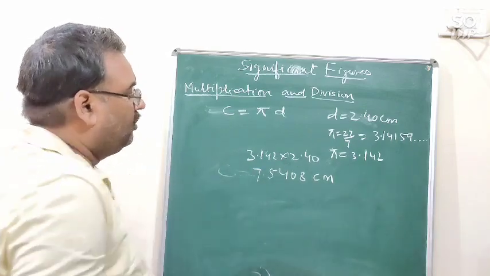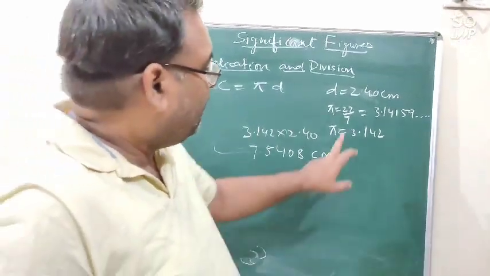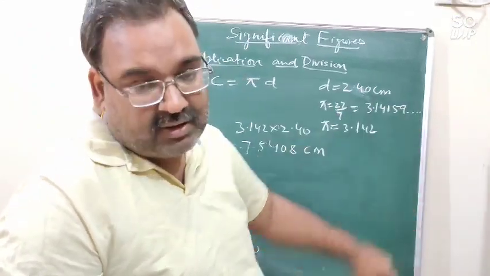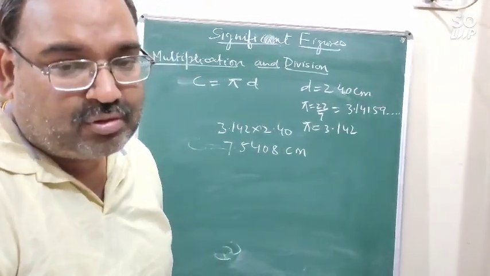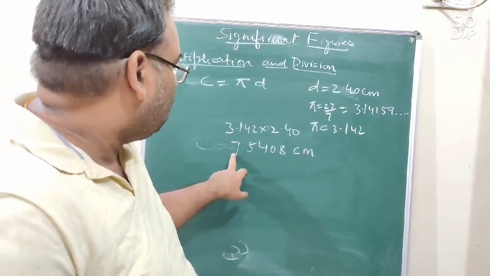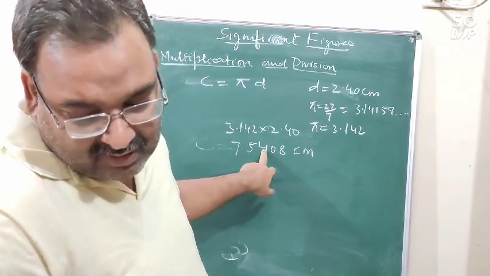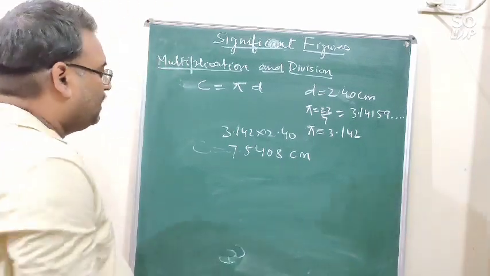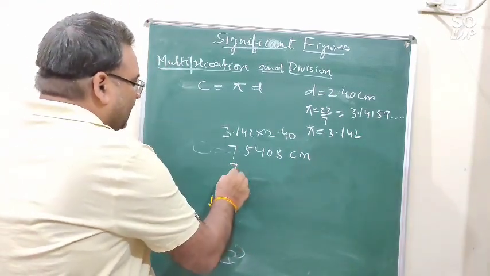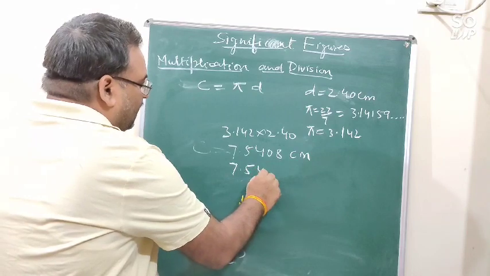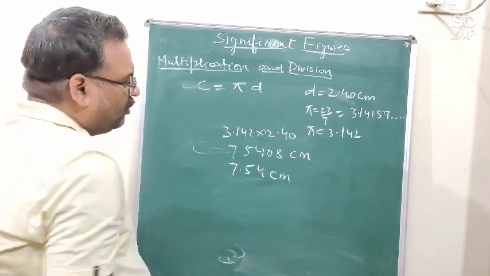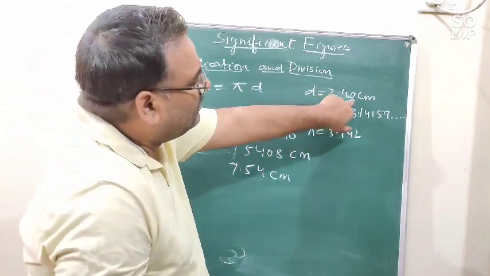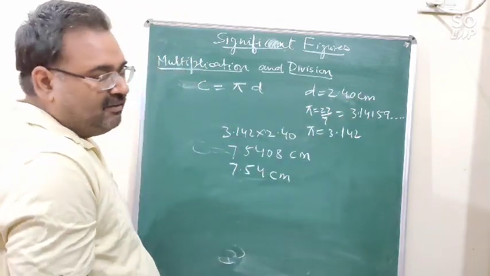Now, how many places are there? 1, 2 and 3. So the answer has to be taken up to 3 significant digits. So 1, 2 and 3. The answer will be equal to 7.54 centimeter. The answer is taken as 7.54 centimeter because there were only 3 significant digits in the value.